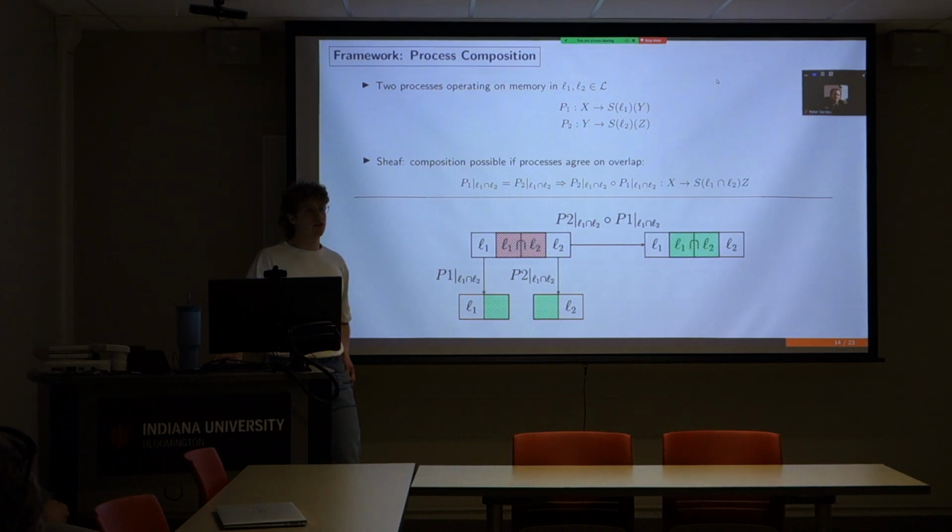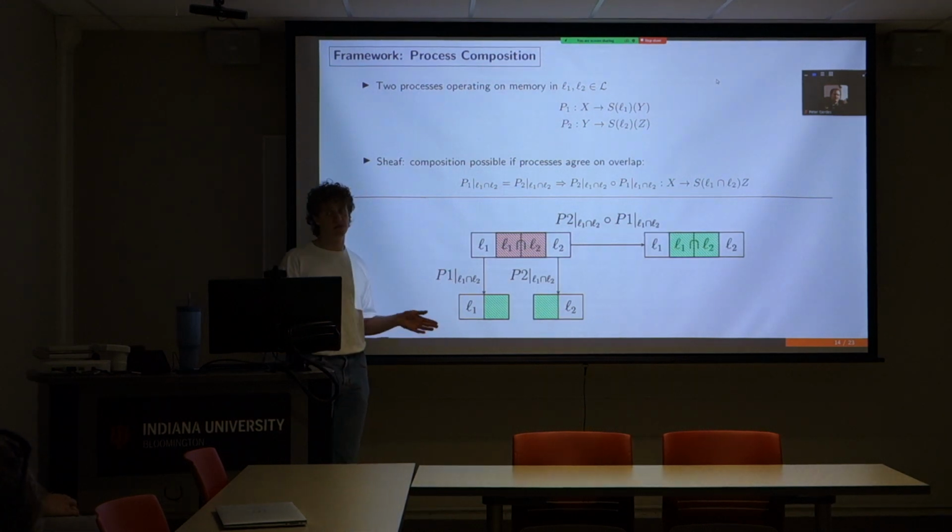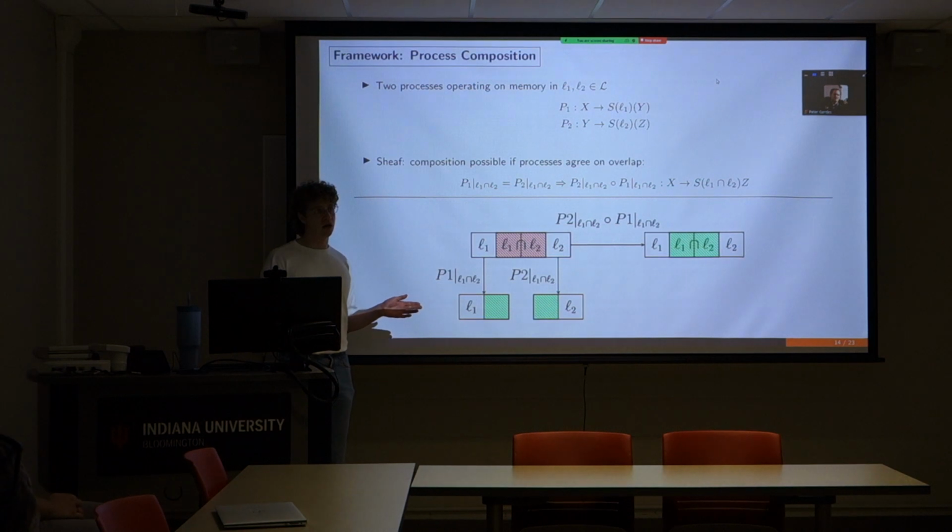If we look at what happens only on the overlap, and the overlap agrees, then there should exist some computational effect defined on the two memory regions combined. And from that we can know that P1 and P2 are compatible, and we can compose them on their overlap.